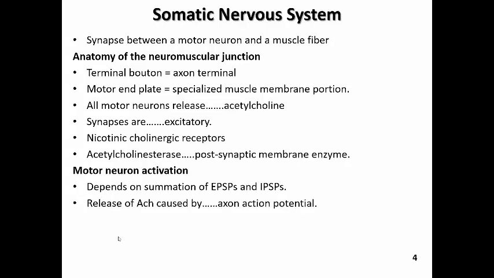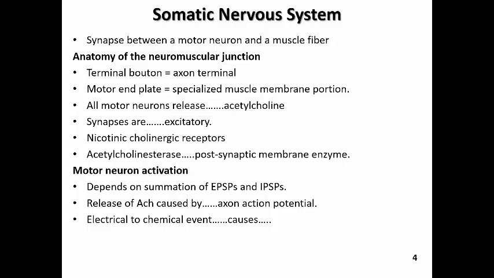So the release of acetylcholine on the other end of the neuron, down in the muscle, the terminal end, is caused by the axon action potential, and the mechanisms of the action potential is something that we'll address in this unit as well. And so this causes what's referred to as an electrical to chemical event.